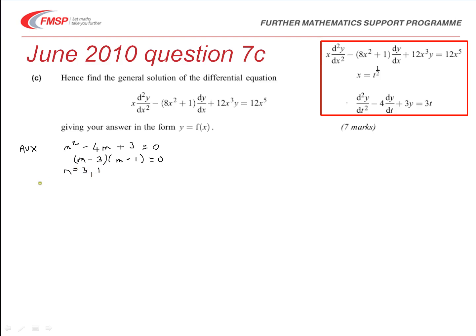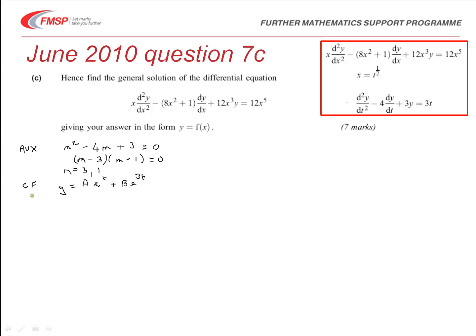So we immediately know in this case the complementary function for y in terms of t as being y equals a e to the t plus b e to the 3t.